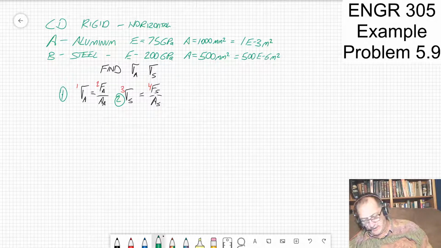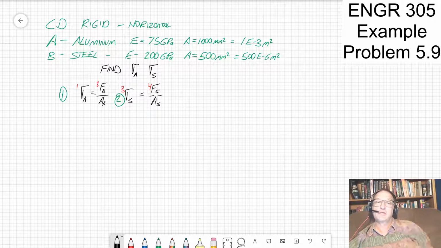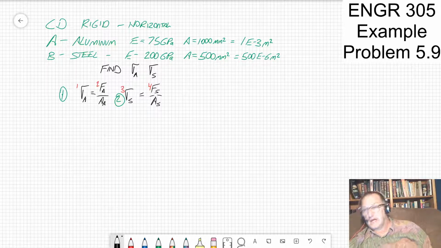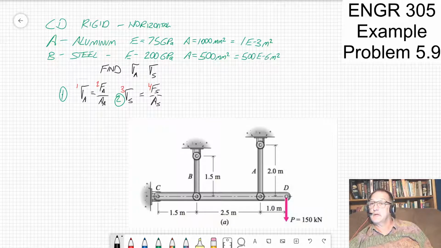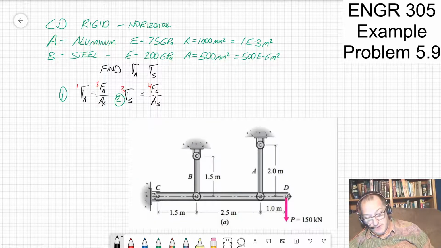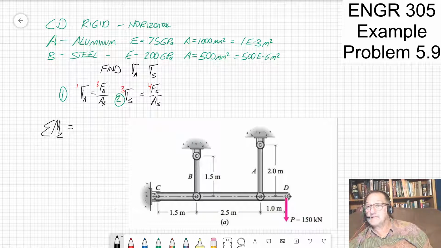Okay, so my next equation has typically been, I know something about the forces. In this case, I don't know something about the forces. I do know something about the moments. I can write a sum of the moments about C. Item B is the steel one, so the force in the steel.